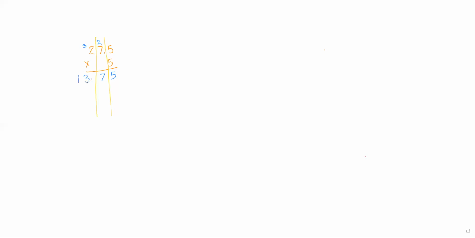When I write this 13 now, this is when I'm going to start to look at that decimal point. The decimal point always is going to follow the number of digits that's behind it. So for example, in this case, there is the number 5 behind the decimal point. That's only one number.